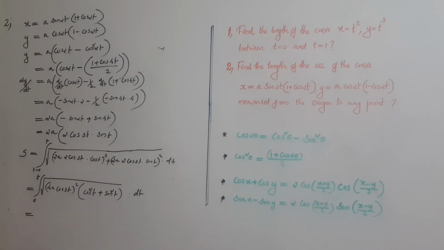That is, under root of (4a cos 3t) the whole square is equal to integral 0 to t 4a cos 3t. Now cos square t plus sin square t is 1, another fundamental trigonometric relation, 1 into dt.